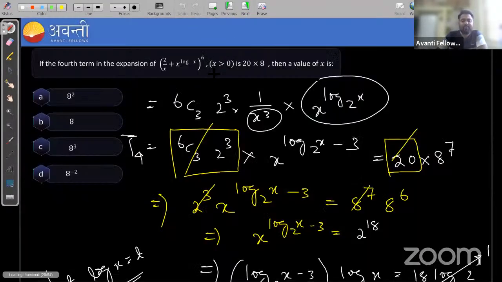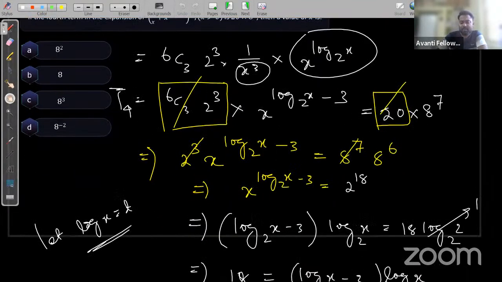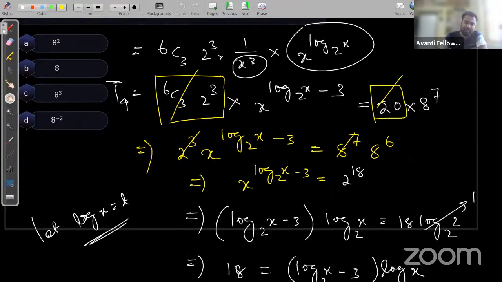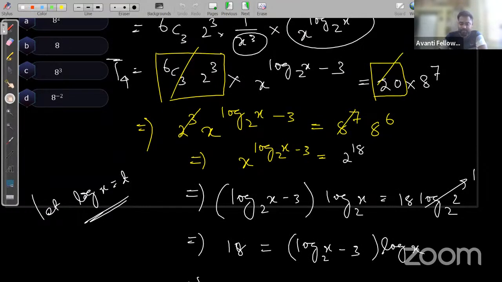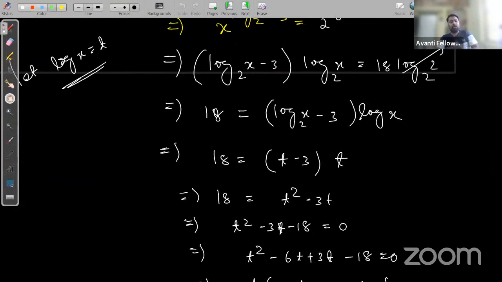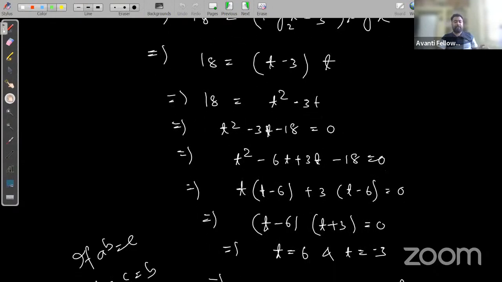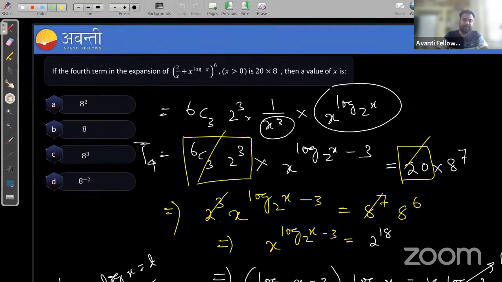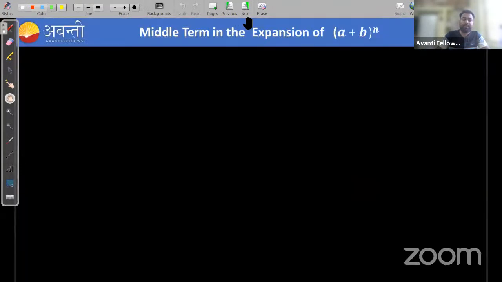Then the calculations are very simple. 6C3 is 20 and 20 will be cancelled out, and 2 to the power 3, here we have 8 to the power 7, so 2 to the power 3 will be cancelled, and we will have 8 to the power 6. Then you can take log x equal to t and you will get the answer. Is it clear? If it is clear to all, go to the next thing.